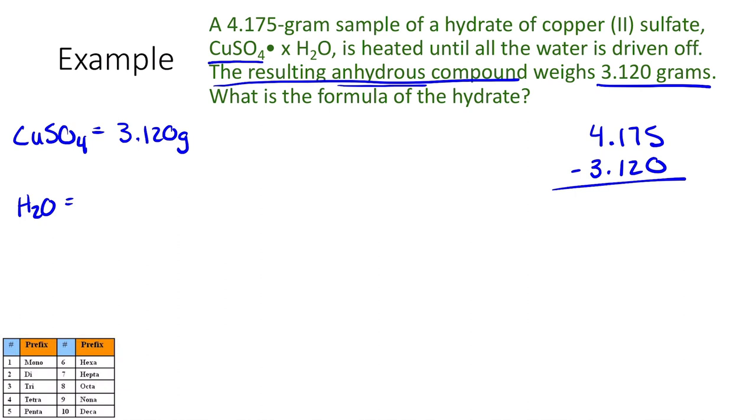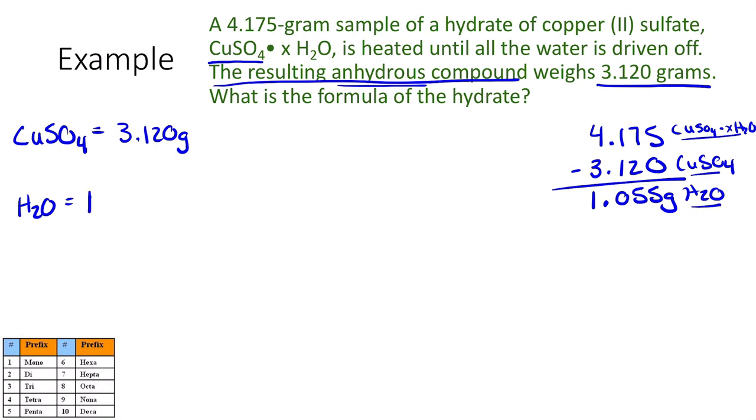All right, so if we do that, 4.175 minus 3.120 equals 1.055 grams of H2O. So this was the CuSO4, and this up here is our hydrate. Just so we're really clear where all those numbers are coming from.